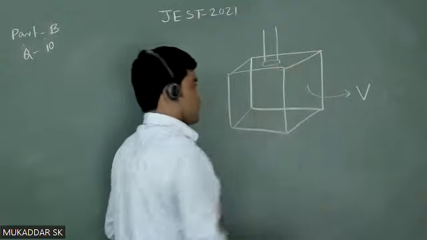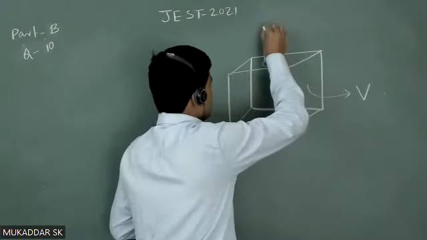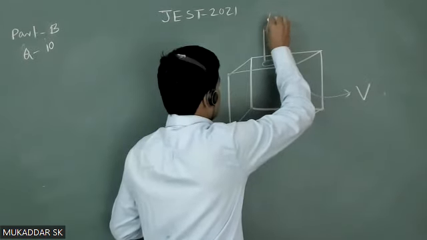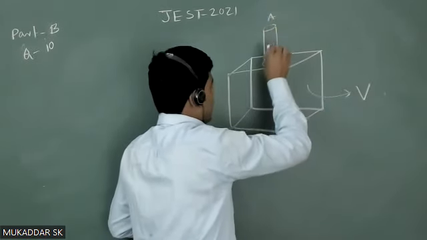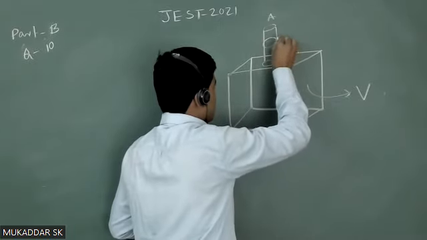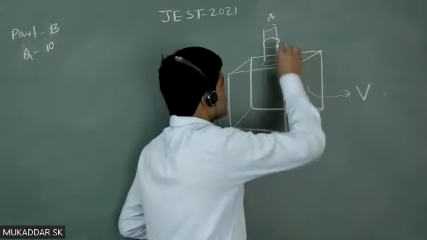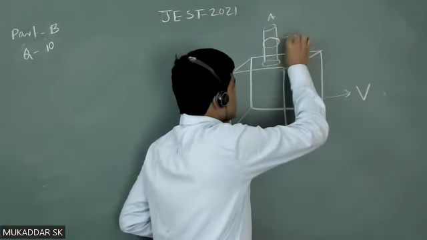Obviously, there will be a hole here. The cross-sectional area of this glass tube is given, that is A. And there is a metallic ball fitted inside this glass tube, and the mass of this metallic ball is M.